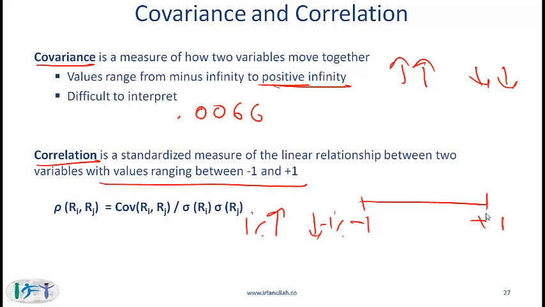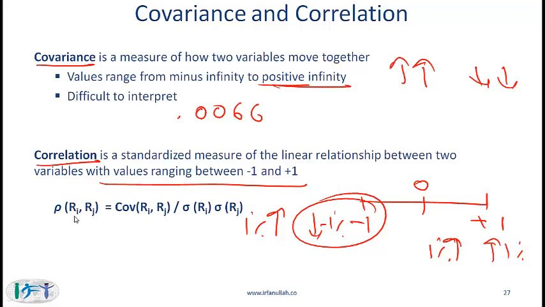A correlation of +1 means that there is perfect positive correlation, where a correlation of 0 means that whether this stock is going up or not has no bearing on what the other stock is doing. So connecting back with material that we saw in probability, a correlation of 0 would mean that the two events, stock A going up and stock B going up, are independent.